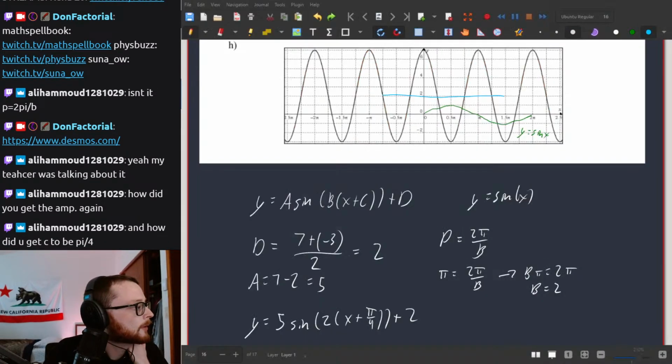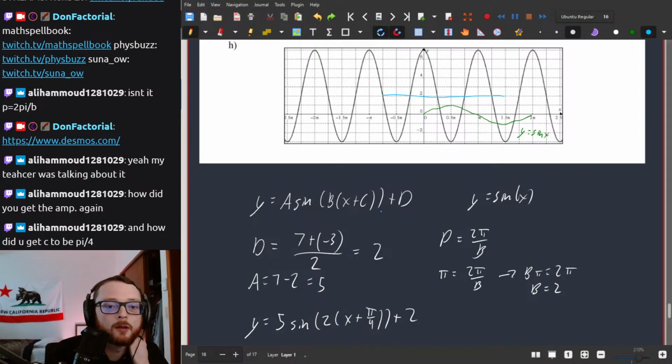C to be pi over 4. Oh yeah. Getting C to be pi over 4, it's your horizontal shift. So you have to know kind of where sine starts. It normally wants to start at 0, and it looks like that and goes up to a peak.